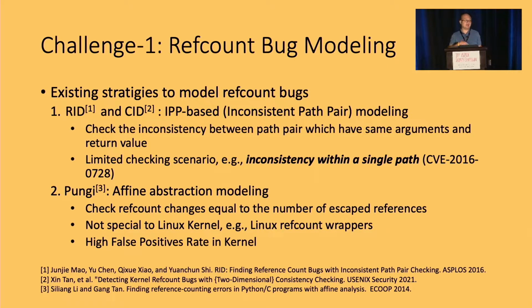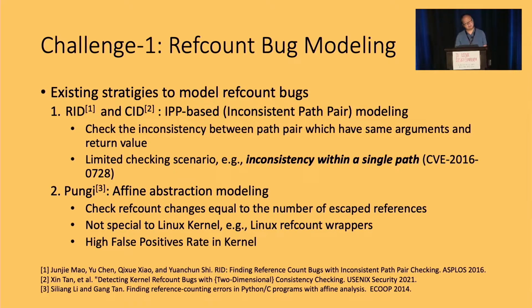Meaning that if you have a piece of code or execution paths that access the same counted memory objects, you can track how they increase or decrease the reference count. If they happen to have different behaviors, for example, on one execution path they increase and decrease, and on the other path it only increases and doesn't decrease, then it's likely due to path inconsistency. You can say, okay, maybe the other one is a bug.